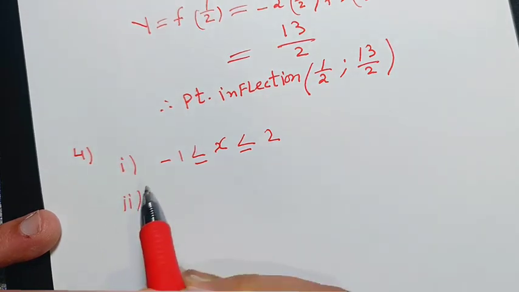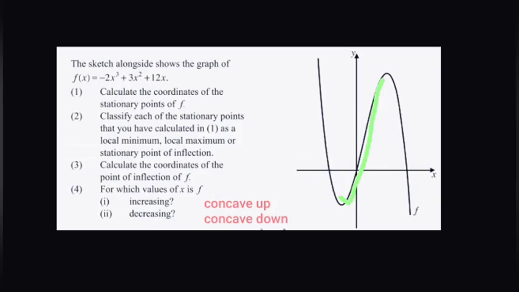Second question, where is f decreasing. I'm going to use the blue color. This is decreasing, and that's where the answer is x less than negative 1. Left hand side all the values, the graph is decreasing, and then x greater than 2, also right hand side all the values, the graph is decreasing from the turning point.